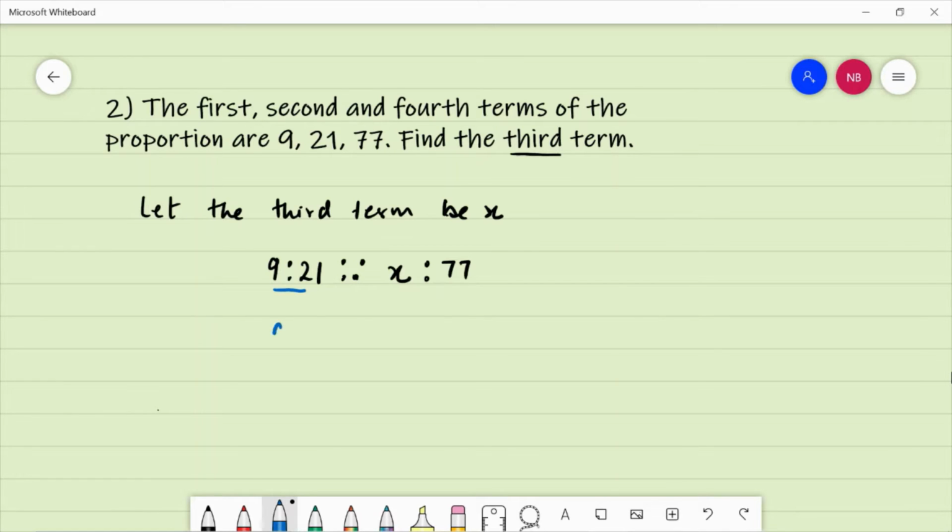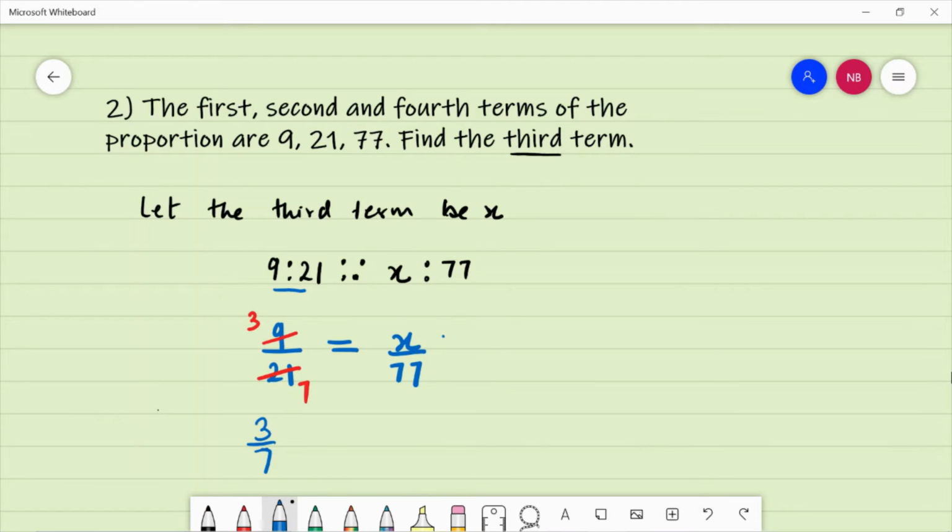The first term becomes the numerator, that is 9, upon 21, which is equal to the third term x as the numerator upon the fourth term, that is 77. Can I reduce this here? Yes, I can. 3 3s are 9 and 3 7s are 21. After that, I can write my answer as 3 upon 7.